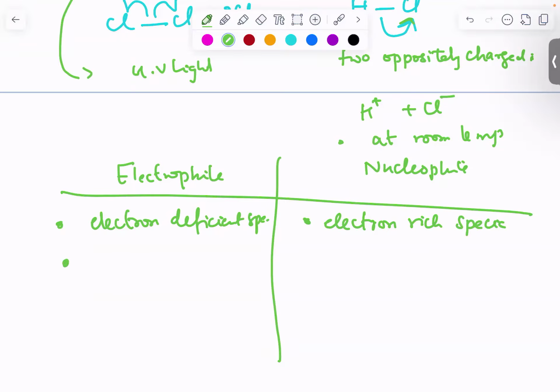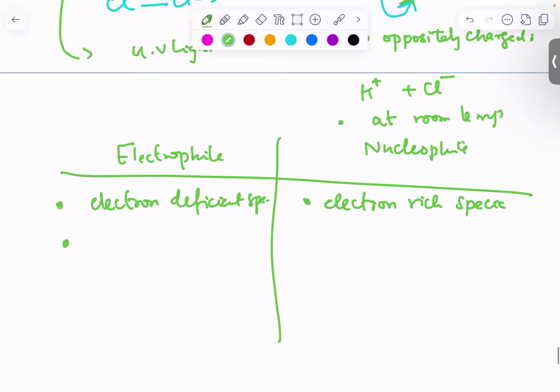What is another point about electrophile and nucleophile? Any point which comes to your mind? An electrophile is an electron pair acceptor, and a nucleophile is an electron pair donor. Sometimes they ask you to differentiate between electrophile and nucleophile.